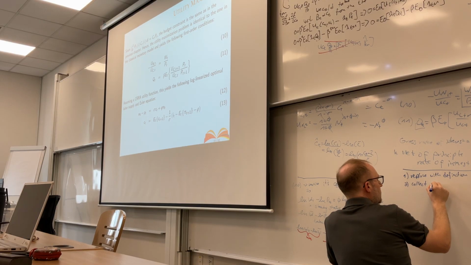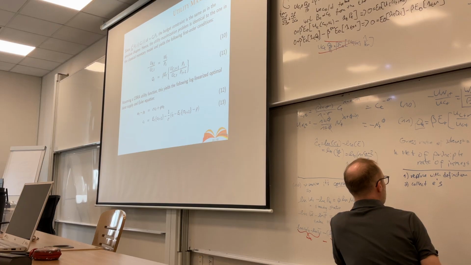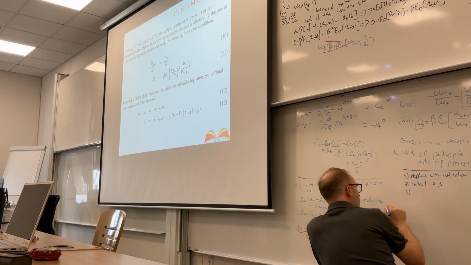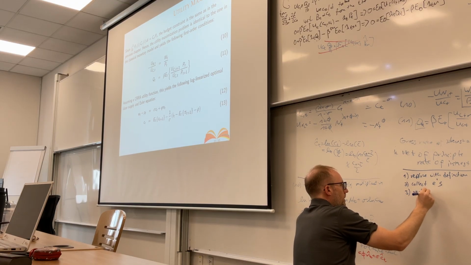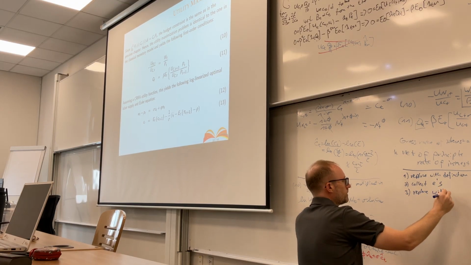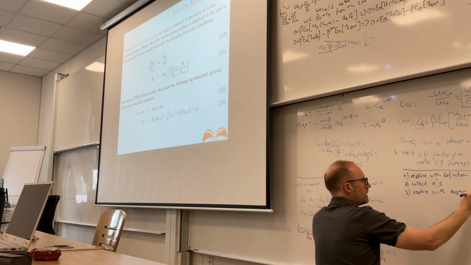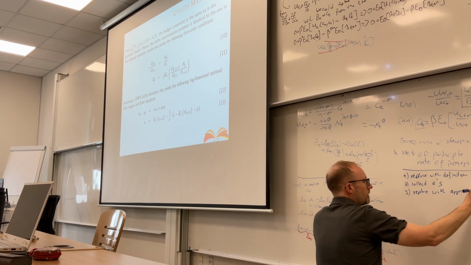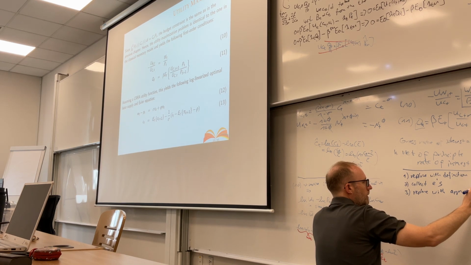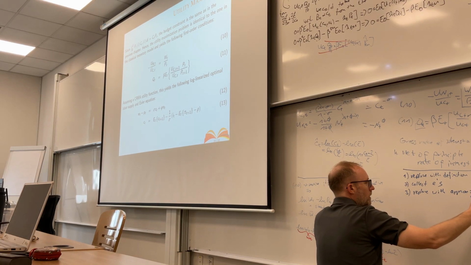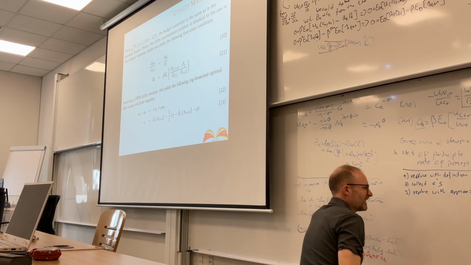Step 2: collect the e's. And step 3: replace with the approximation of e to the xt, which is approximately equal to 1 plus xt.